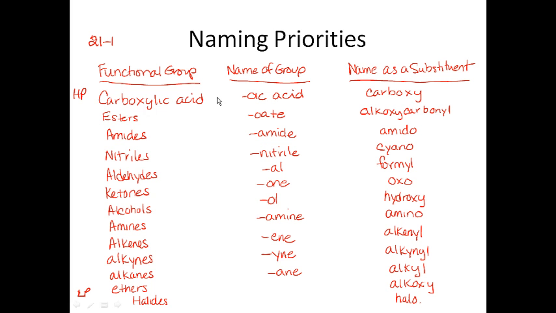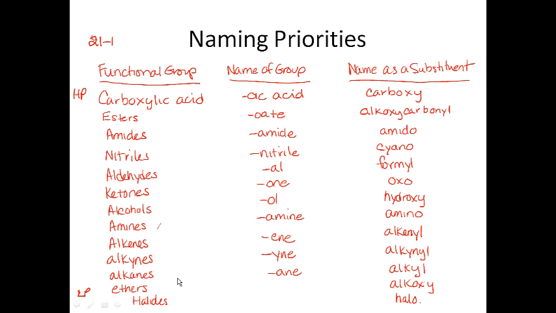So it turns out that carboxylic acids are the highest priority, then esters, then amides, then nitriles, then aldehydes, ketones, alcohols, amines, alkenes, alkynes, and alkanes. And you never have an ether or a halide as being the parent name for a molecule.